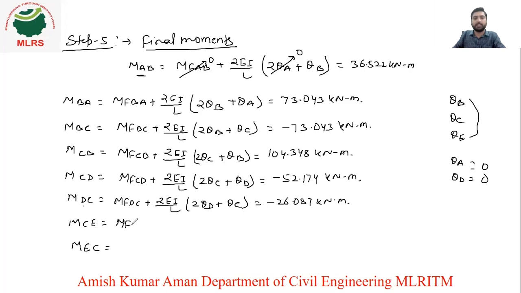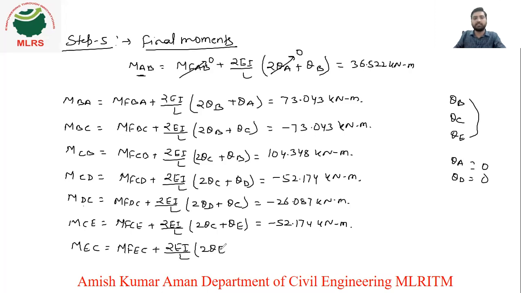MFCE plus 2EI upon L into 2 theta C plus theta E. If you put all these values, you will get minus 52.174 kilonewton meter. And the last one is MEC, that is MFEC plus 2EI upon L into 2 theta E plus theta C. If you put all these values, you will get 0.